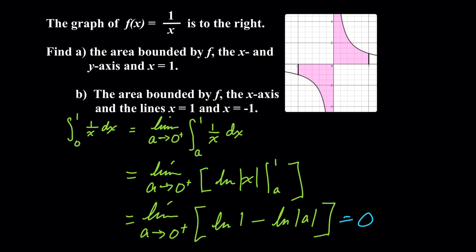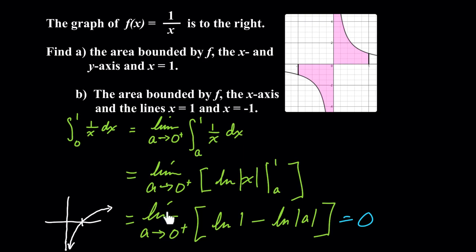All right, let's think about what the natural log graph looks like. So the natural log graph intersects the x-axis at 1 and looks like this right here. All right, so what we've got is a vertical asymptote for our graph. Now, as x approaches 0 from the right, this graph is going to approach negative infinity.